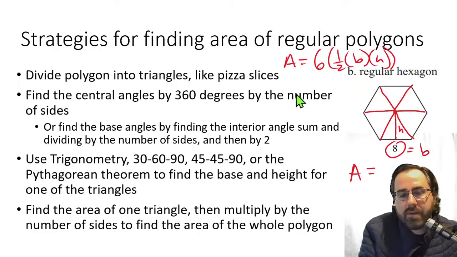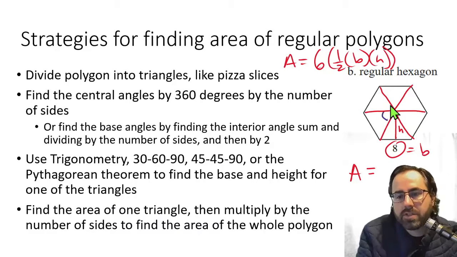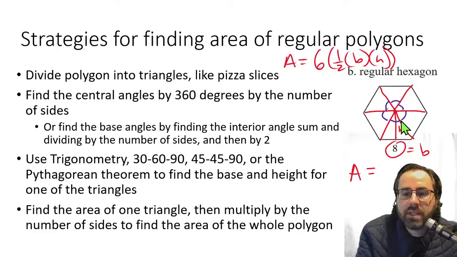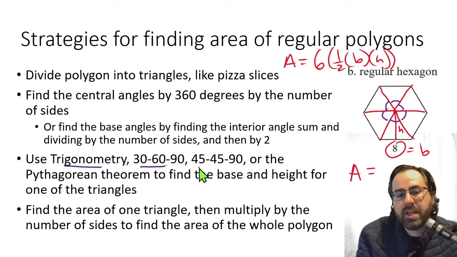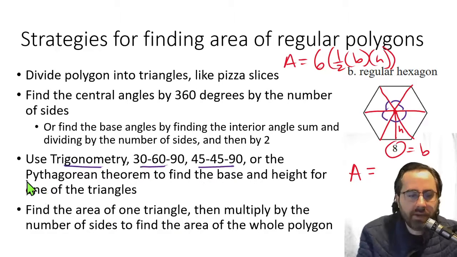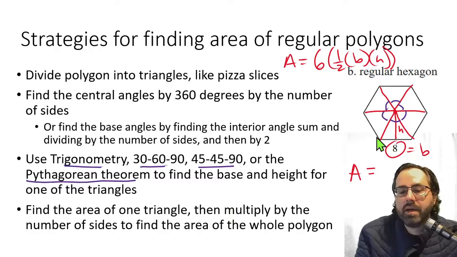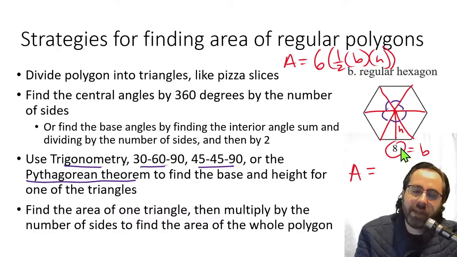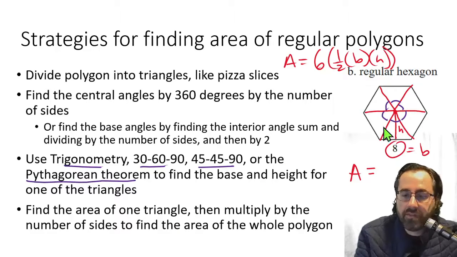Because if you can find this angle, which is the same as this angle, this angle, this angle, those 6 angles are all the same. If you can find that angle, then you could use trigonometry or 30, 60, 90 or 45, 45, 90, or even the Pythagorean theorem to find the height or to find the base length of each triangle.